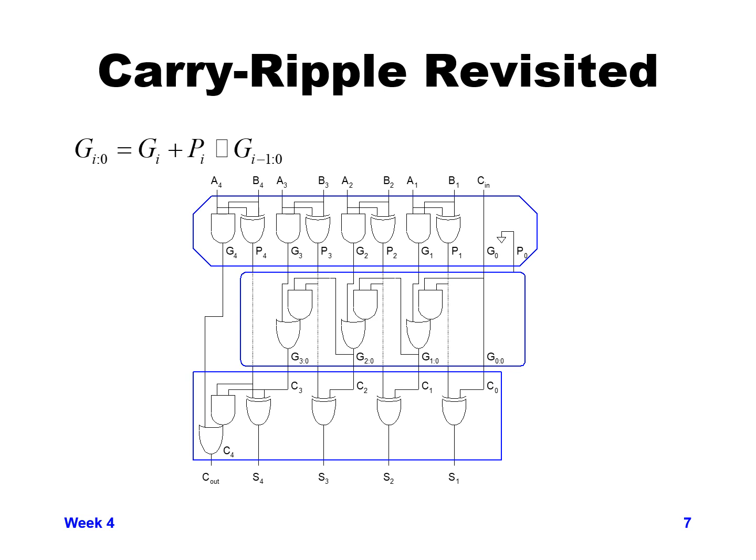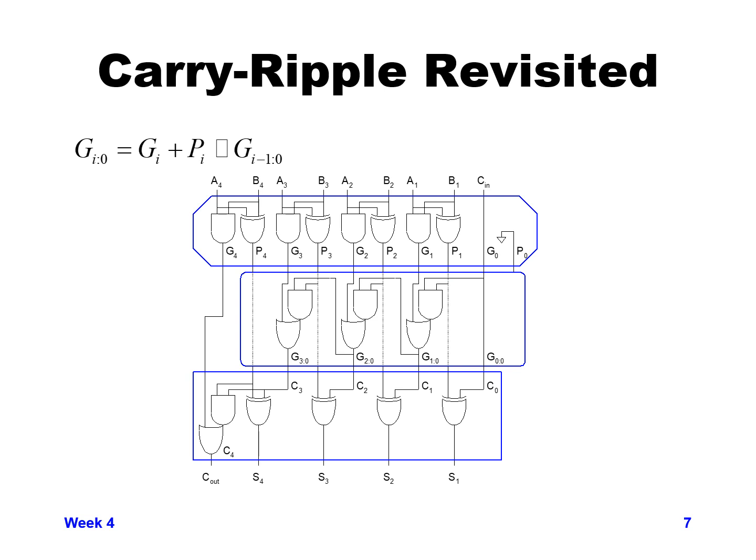Here we can see, based on the function that we talked about a couple slides ago, the function for the generate of I through 0. This is the logic that we need for the PG function row that we had blocked out in the previous foil.